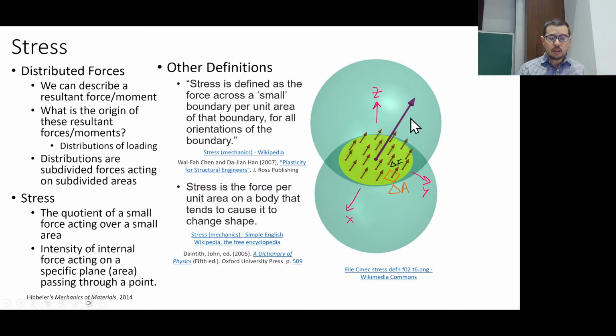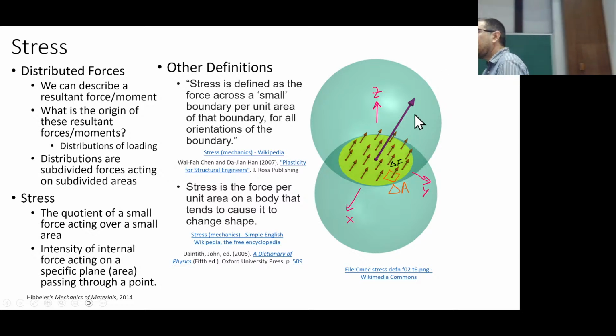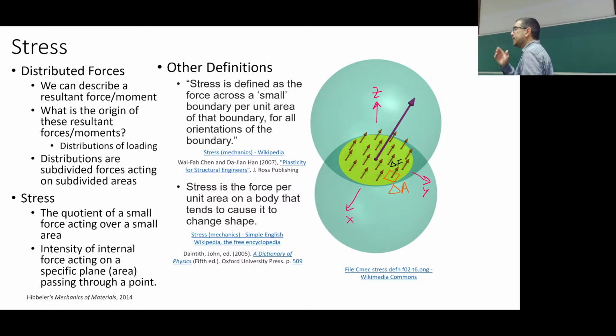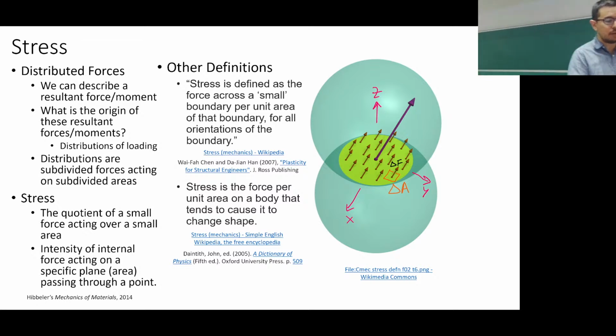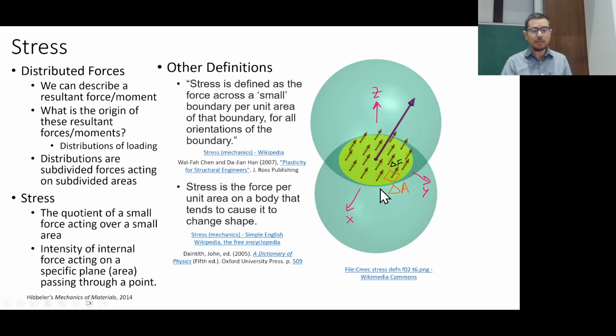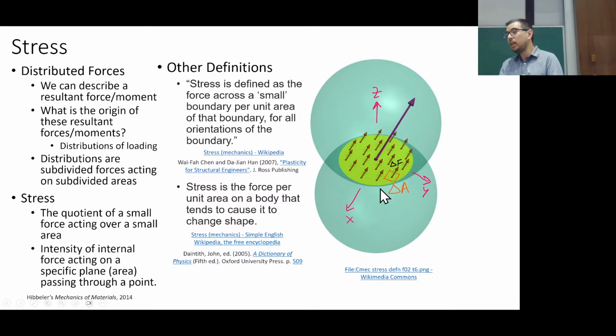Notice that this force is coming out at an angle. So the stress that we're thinking of doesn't always just have a component that is coming out normal to the face. It could be coming out a little bit in the y direction, a little bit in the x direction, or going in the negative x direction.